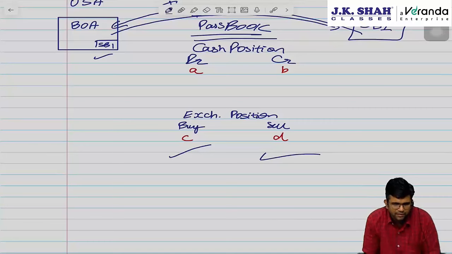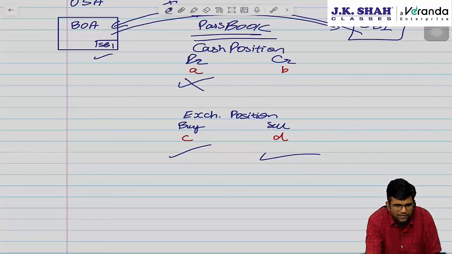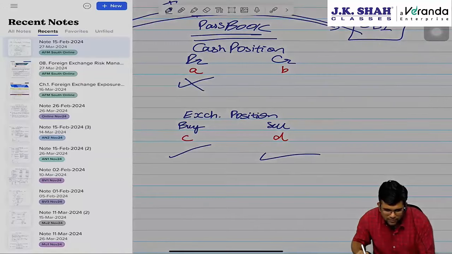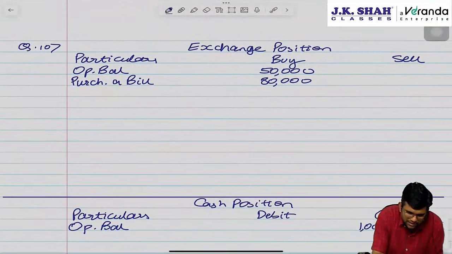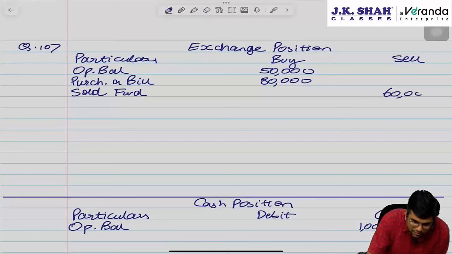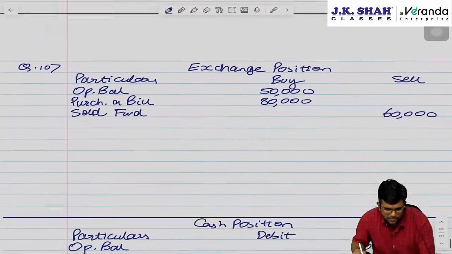Of course in D. But sir, if I am selling, CHF will go now, my debit also will happen. No, debit will happen on the due date. I hope you are understanding. Today only you have taken a position to sell forward. So that also will come only in the exchange position, 60,000. So here I will write sold forward, 60,000 will come in sell. Everyone clear?